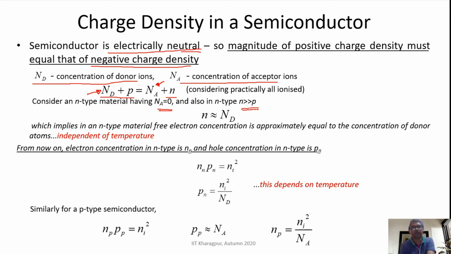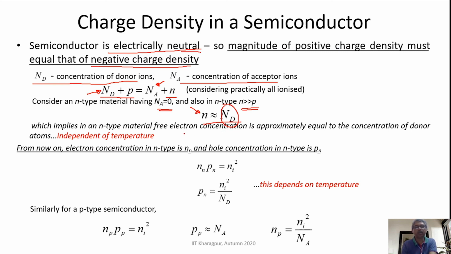As I mentioned, in n-type material the majority carriers are electrons, and there is a very small number of holes in the valence band, because the electrons come from the phosphorus itself, from the energy level very close to the conduction band. So we can write n, the electron concentration, as nearly equal to Nd, because we are assuming that almost all the phosphorus atoms will be ionized with very little energy.